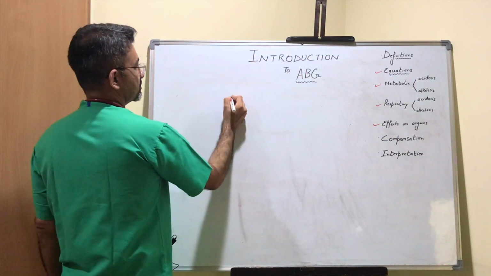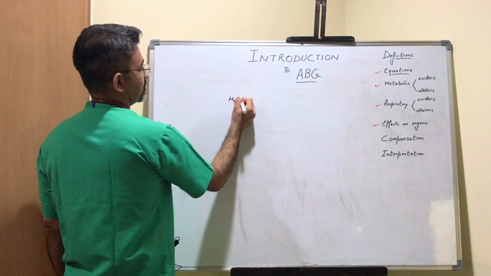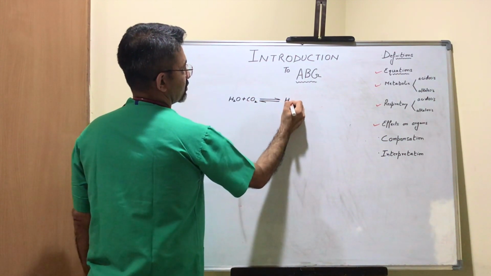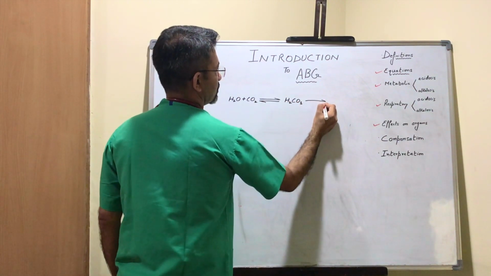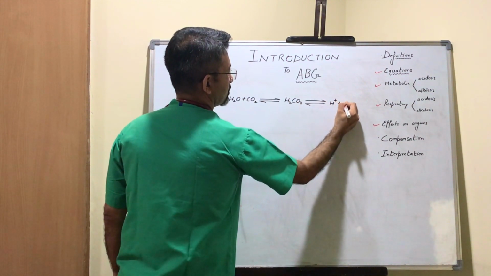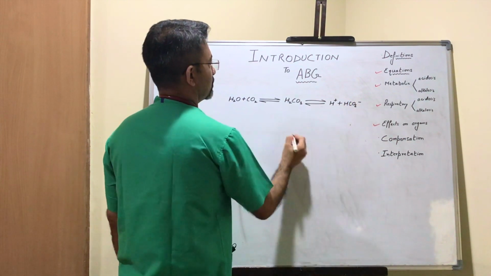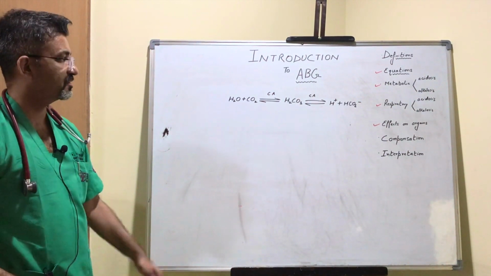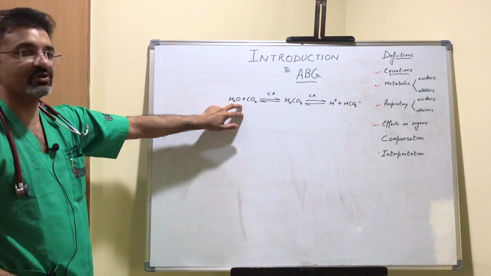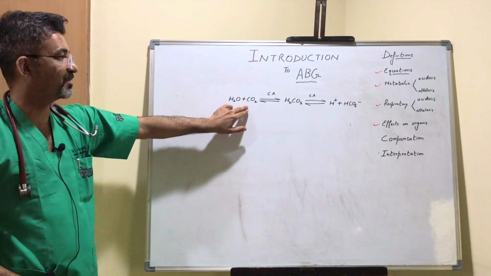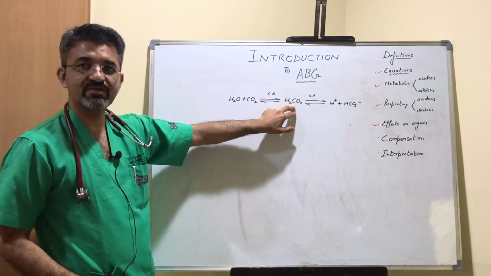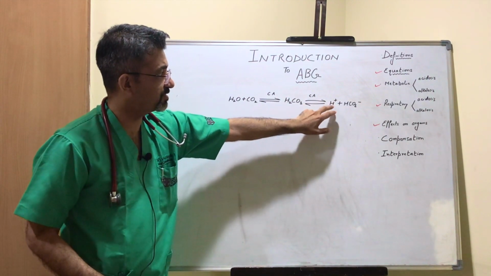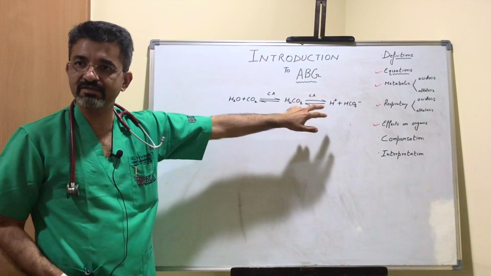My first buffer system is this, the simplest equation. In my cells, metabolism is going on and CO2 production is going on. CO2 combines with water to give rise to H2CO3, a very weak acid, under the influence of carbonic anhydrase, and it dissociates into hydrogen ions and HCO3 ions. So this is a buffering system.